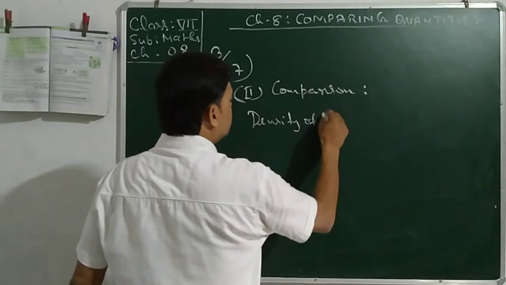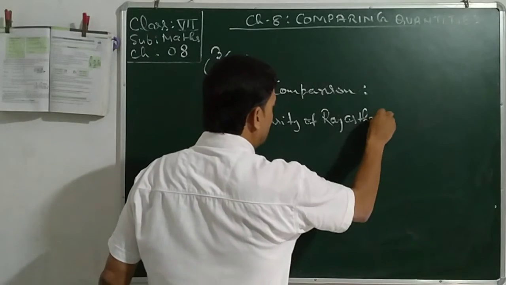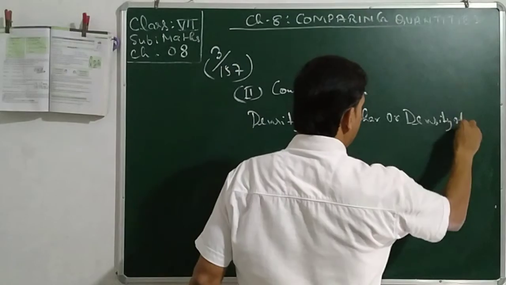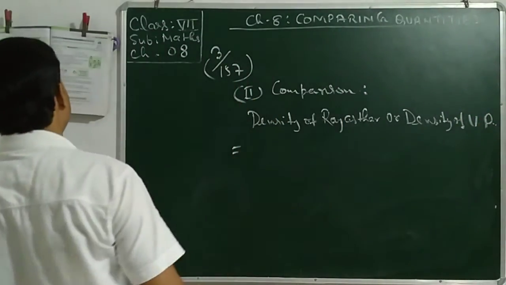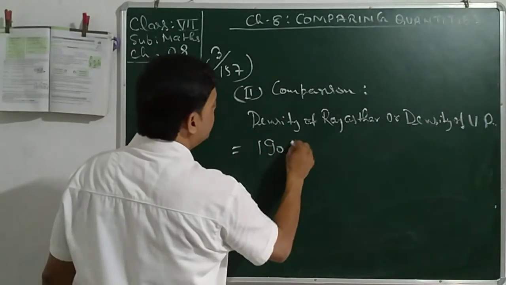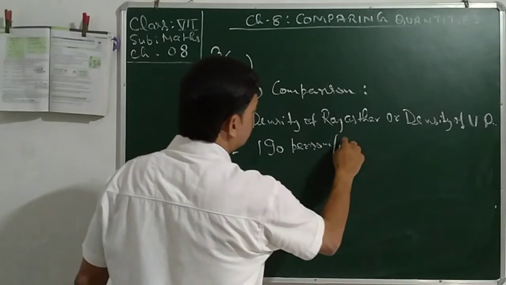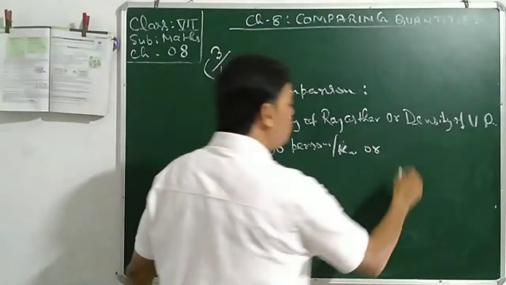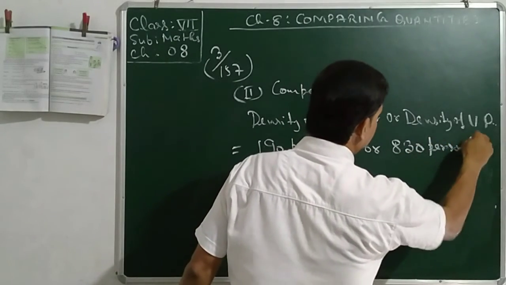Density of Rajasthan or density of UP. See, in this case you will get density of Rajasthan we had got right now, that was 190 person per square kilometer, and density of UP you had got 830 person per square kilometer.